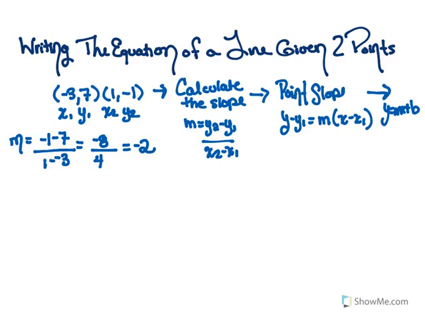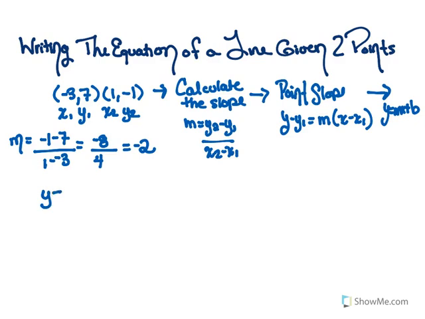Now I can use either one of these as my points. It's totally fine. But I usually just use the x1, y1 that I labeled originally, just to avoid any confusion. So I'm going to plug that into point slope.